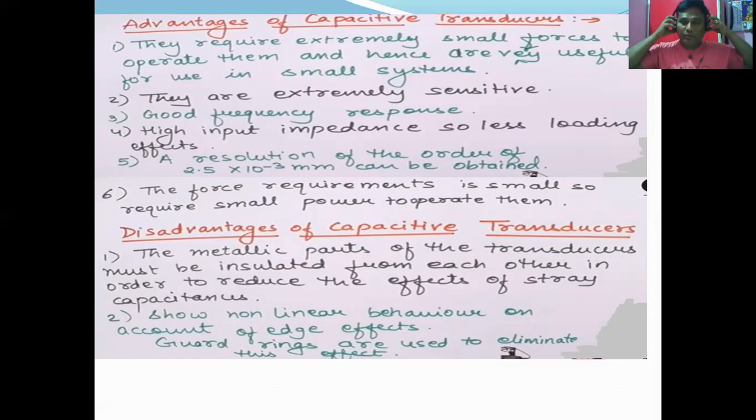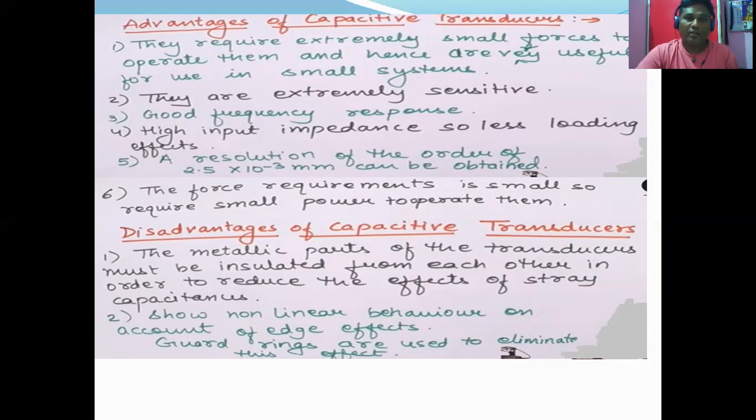The third point is good frequency response. All the physical quantities change the capacitance through the overlapping of the two plates, so they respond equally in frequency, and the frequency of the output is good.